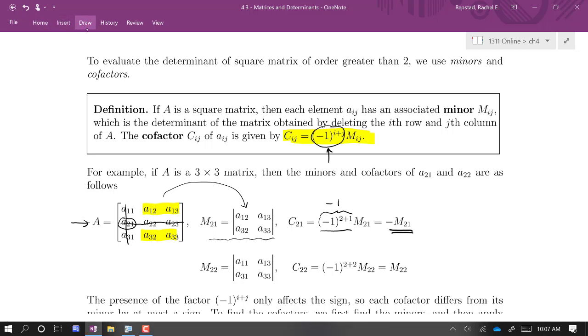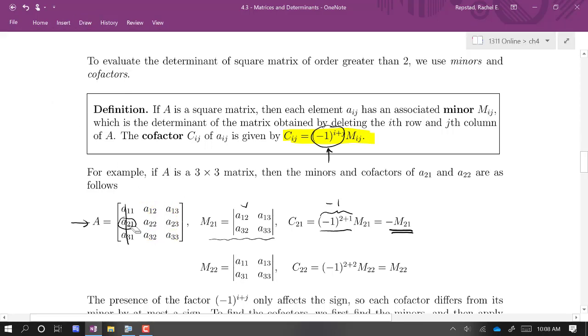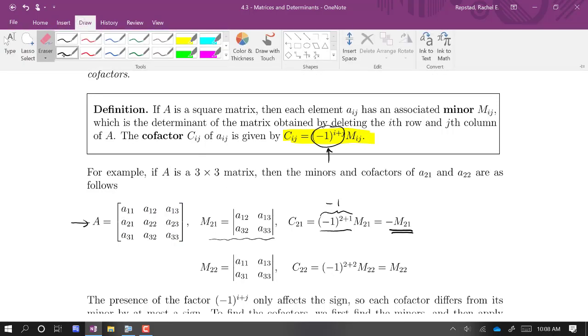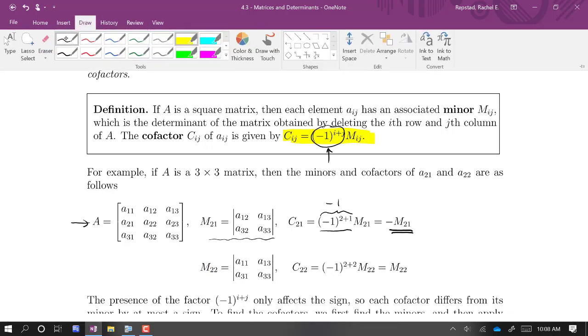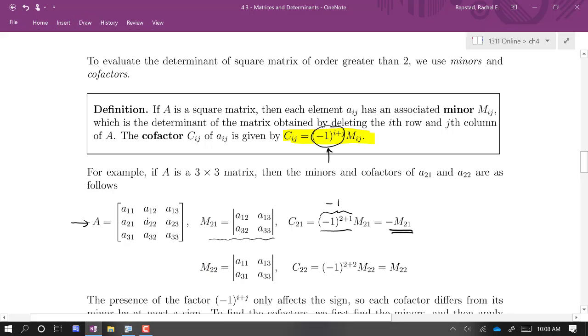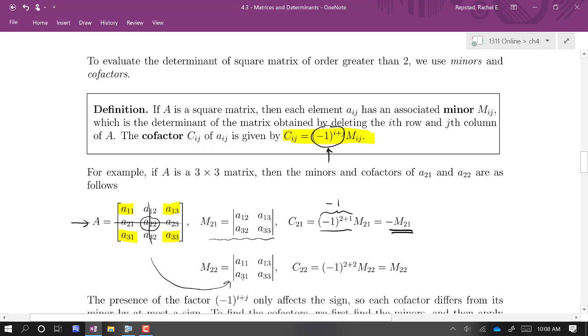If we were to look at another minor, M22, here we're looking at A22, and so if we eliminate that row and that column, the entries we're left with are A11, A13, A31, A33, and we put those entries in a 2 by 2 and find its determinant.